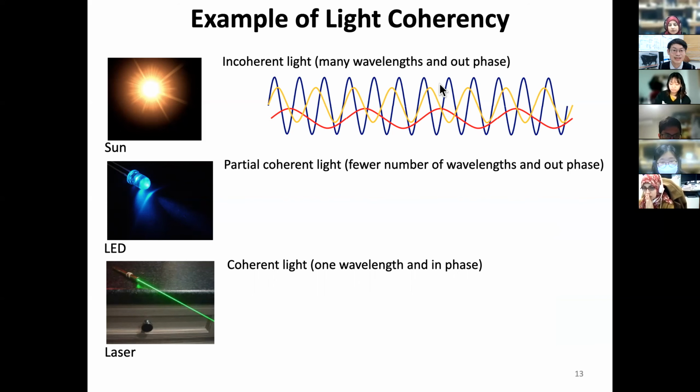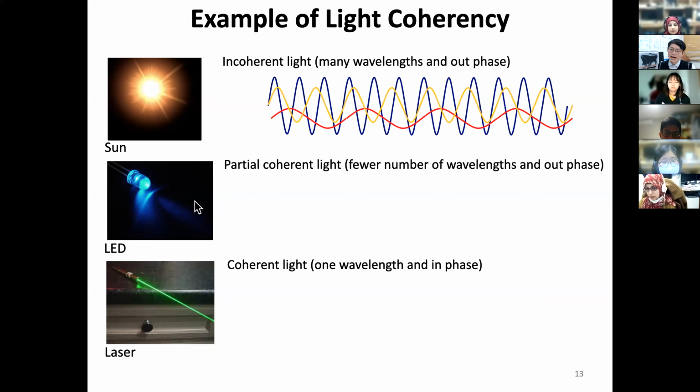While I have to admit that even sunlight has a very short coherence length, and in a physics laboratory, you can actually make holography based on sunlight, which means over several micron lengths, this actually contains coherence, okay?